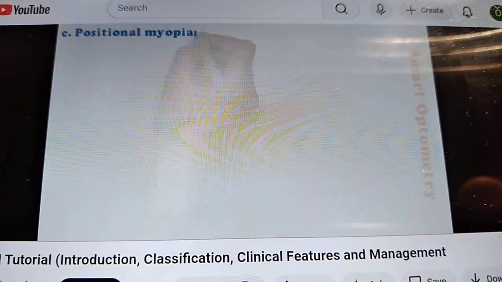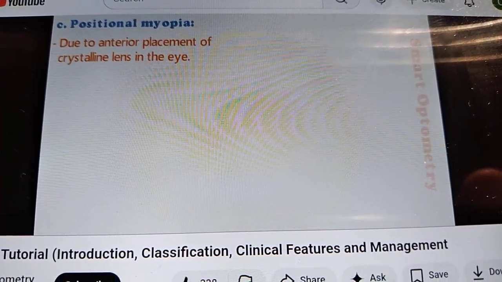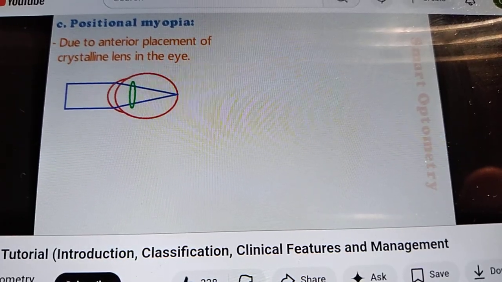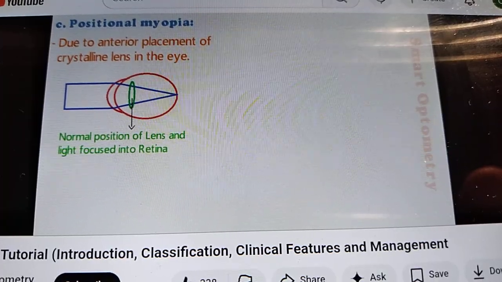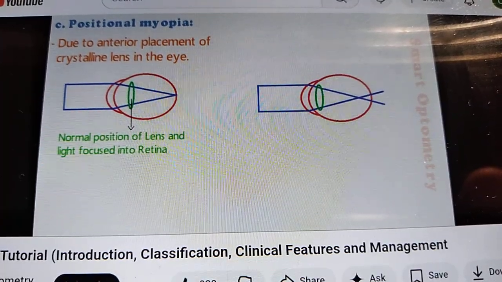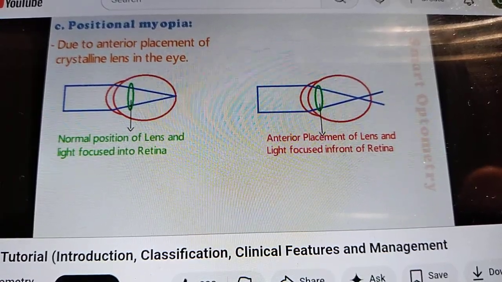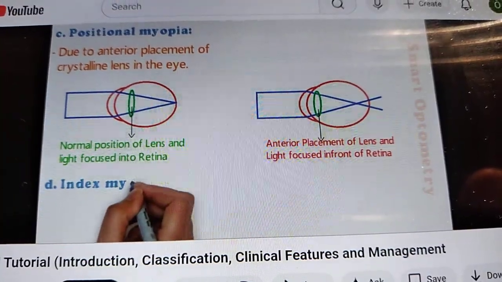C. Positional myopia. It occurs due to anterior placement of crystalline lens in the eye. Here in this figure, this is normal position of lens and light focused into retina. And here in this figure, anterior placement of lens and light focused in front of retina. D. Index myopia.